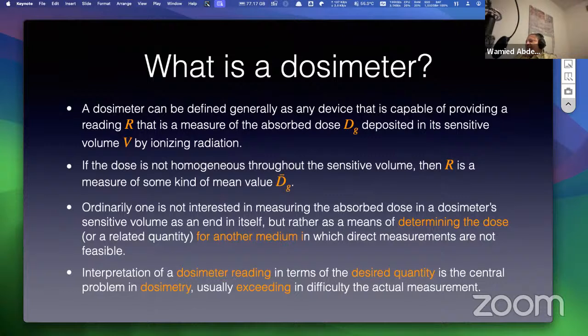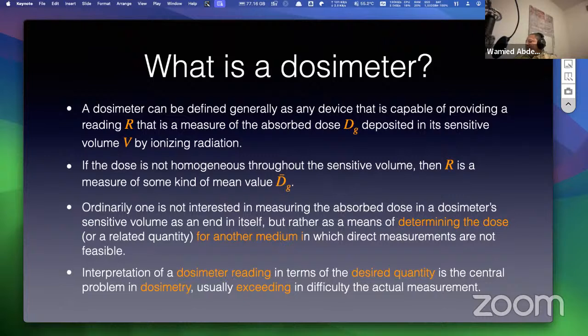If something does not respond to radiation, for example a sheet of paper put in a radiation beam, I cannot claim that this sheet of paper is a dosimeter, because to us nothing has changed before and after irradiation.